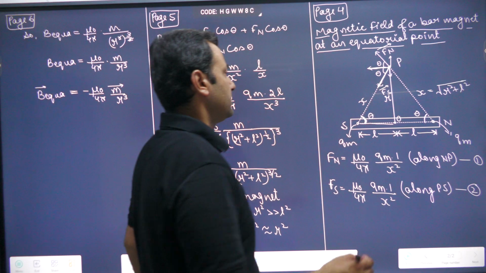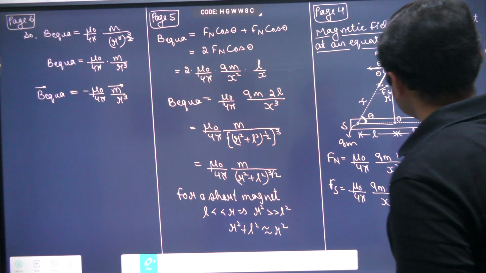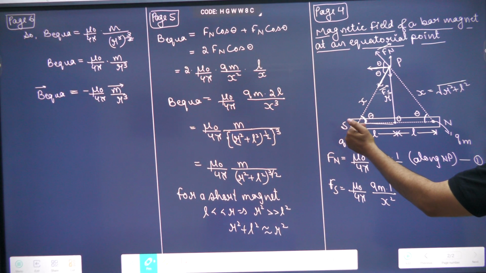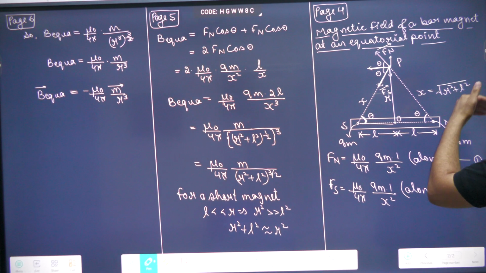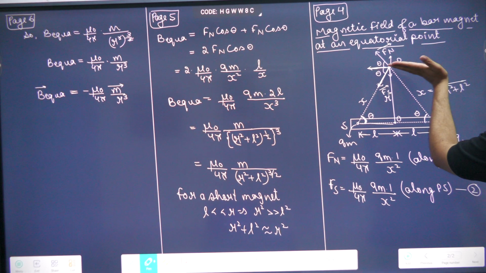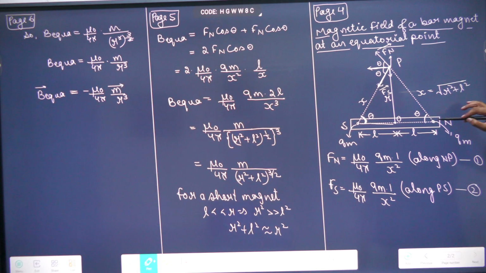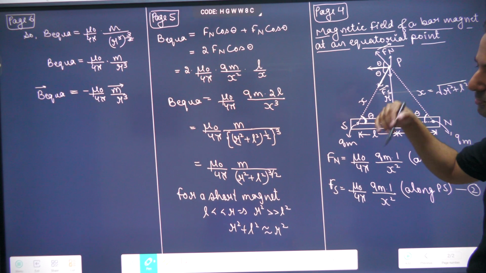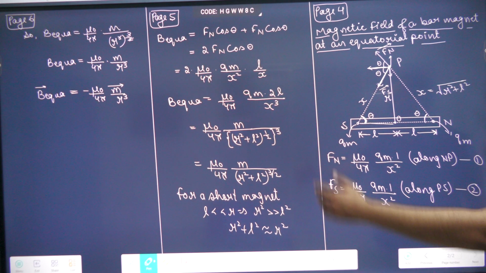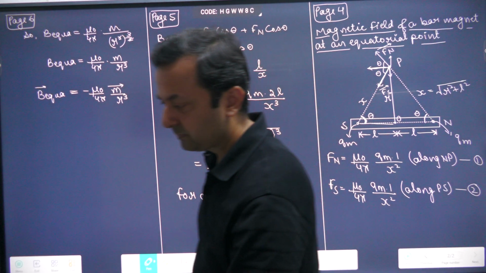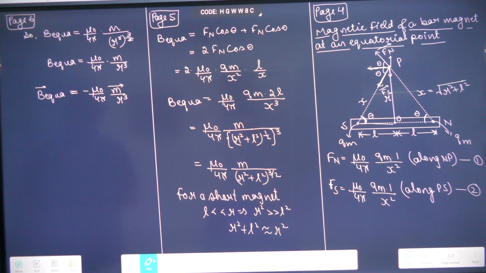The direction of the magnetic dipole is from south to north, and this field is in the direction north to south, which is opposite to south to north. That's why we have taken a negative sign. Alright. Is that clear?